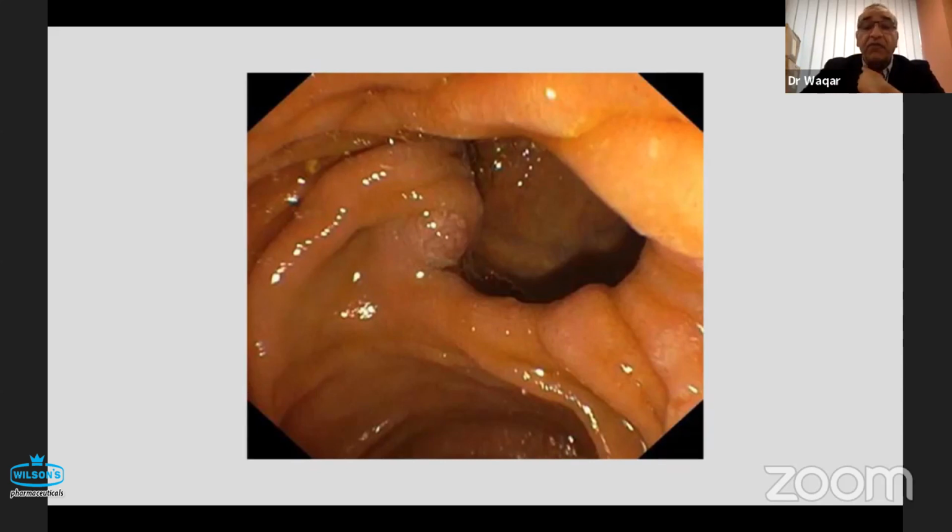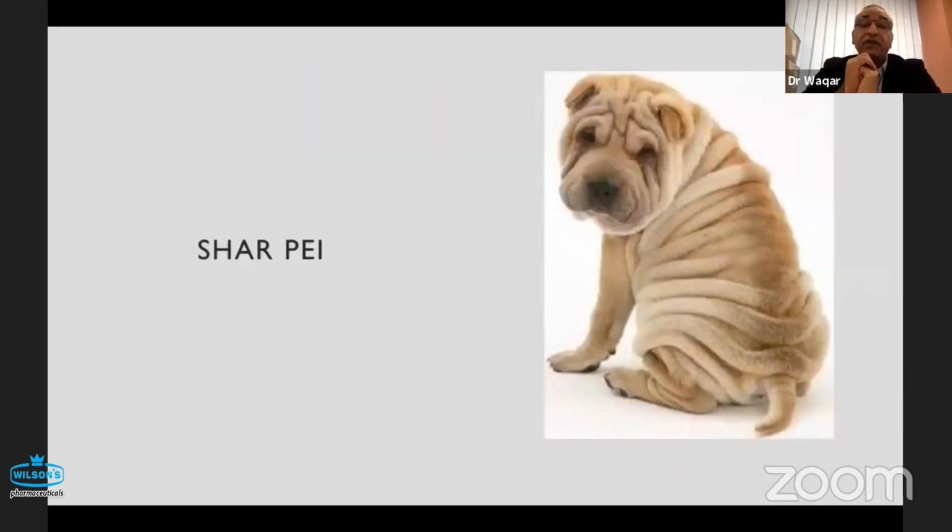And another type of papilla is known after this dog, from the folds. This is the Shar-Pei, a special breed of Chinese dogs, and they have these folds around on their coat. And you can imagine coming across a papilla looking like that.